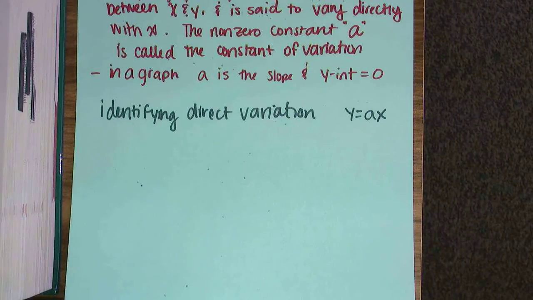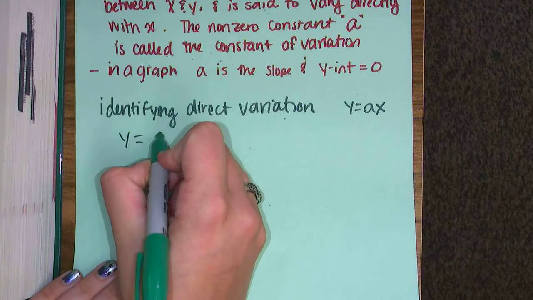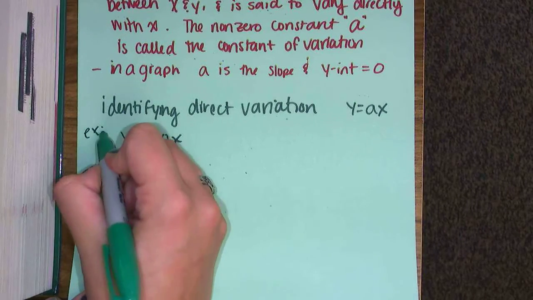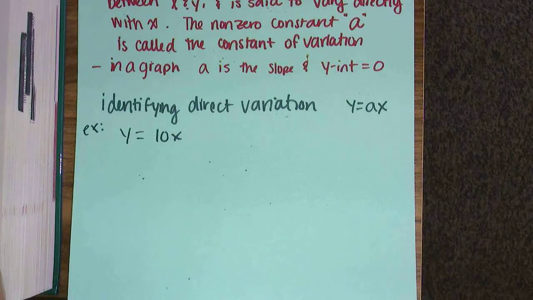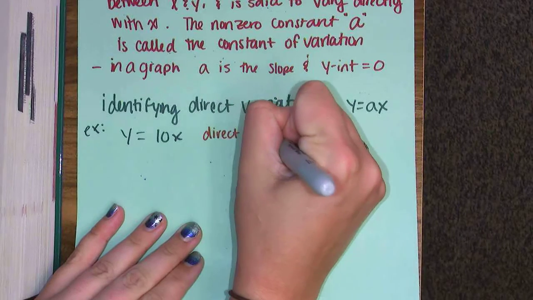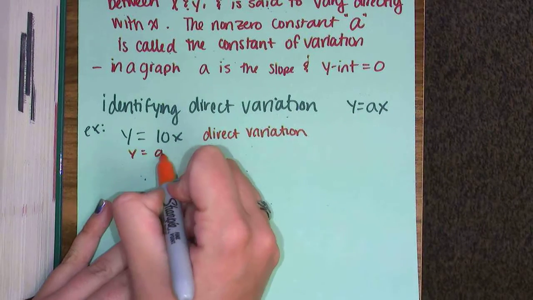So if I were to just tell you y is equal to 10x, this would be direct variation, because it's in the form y is equal to ax.